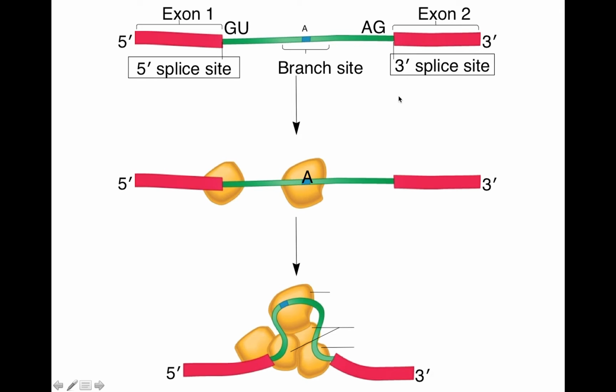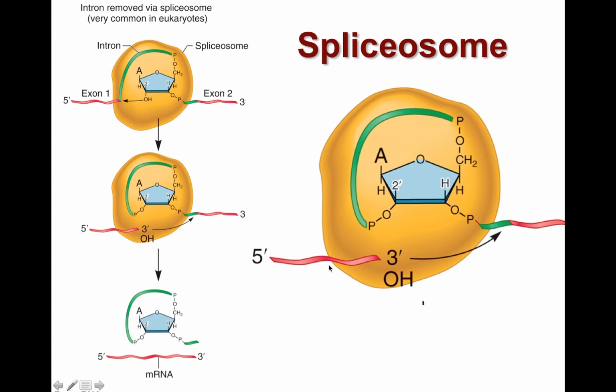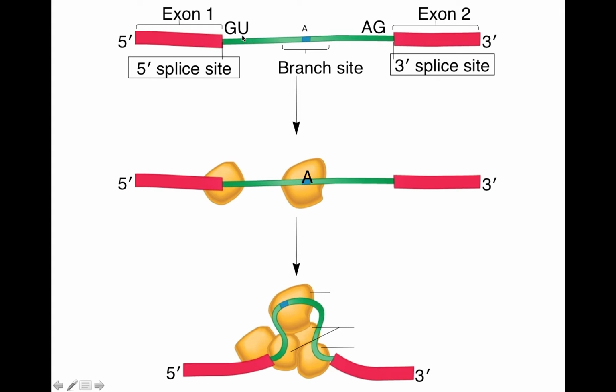Every intron in eukaryotes has at its 5' site and at its 3' site the nucleotides GU and AG. GU-AG. These are nucleotides that are part of the introns right at the 5' splice site and the 3' splice site of the intron. In addition, they all have an adenosine residue at the branch site.